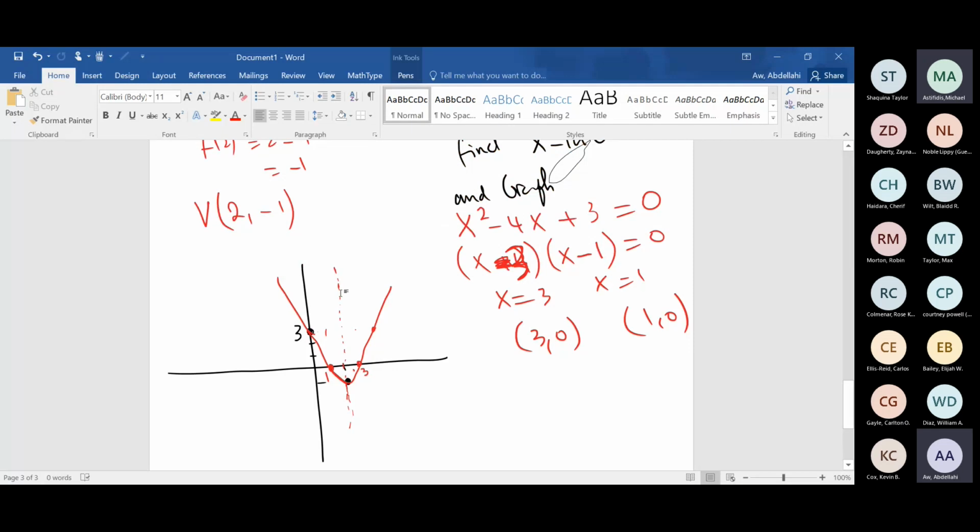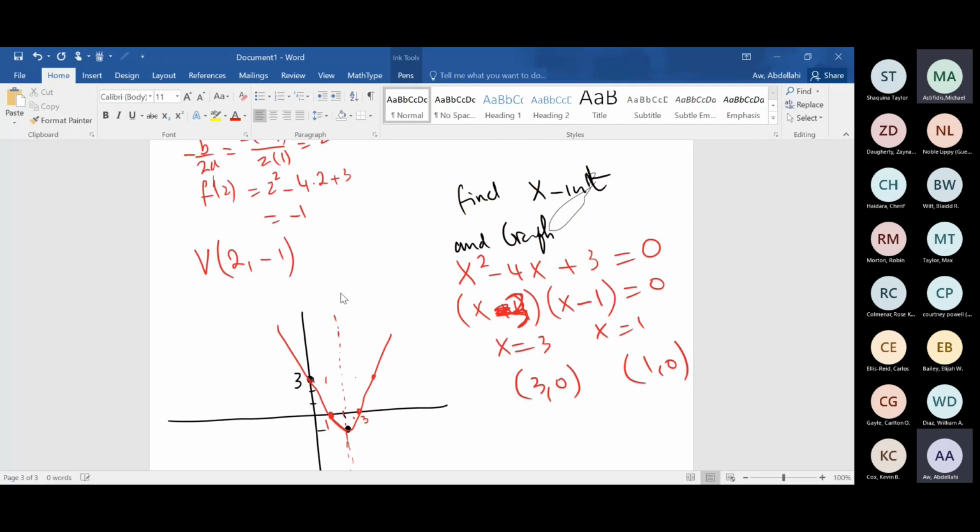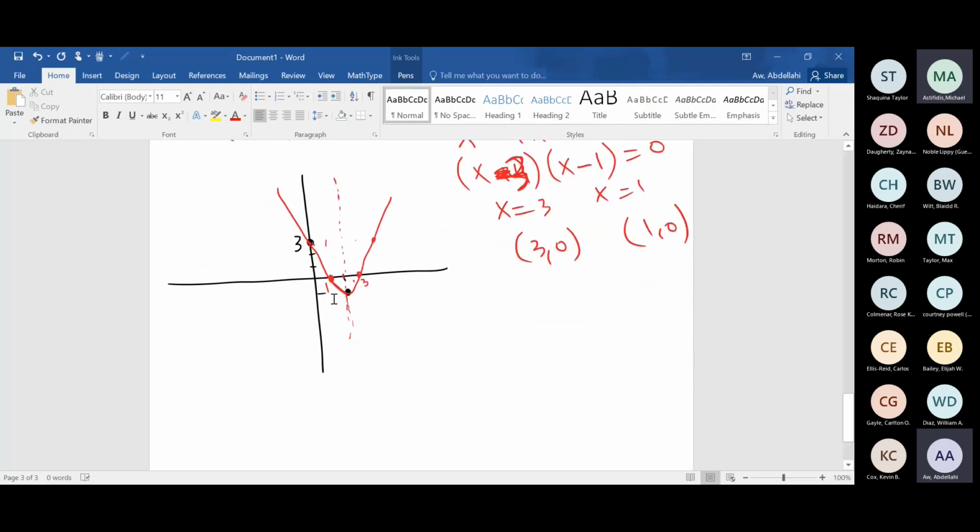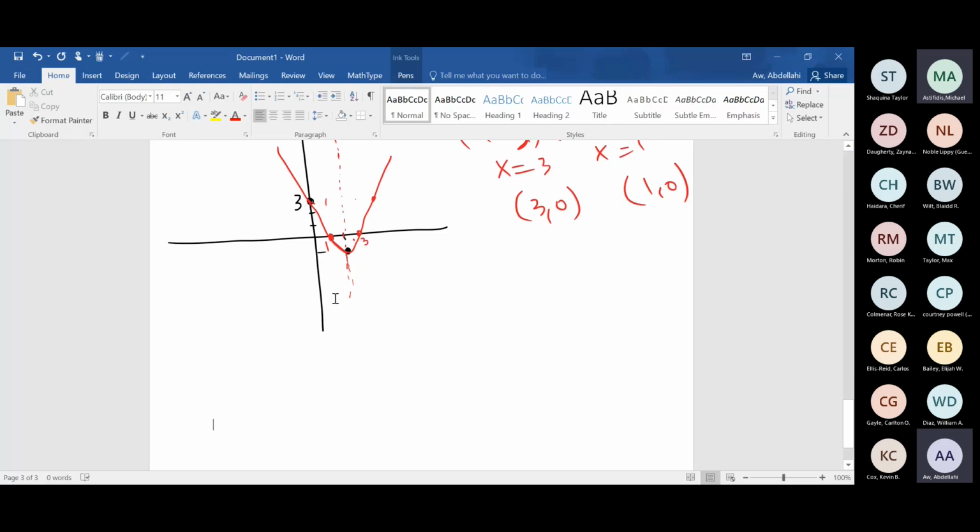So now, do you remember that application problem that we did in test number 1? We launched some type of object that goes up and then comes down. And the question we asked back then was, how long does it take for the object to hit the ground? Do you remember that?